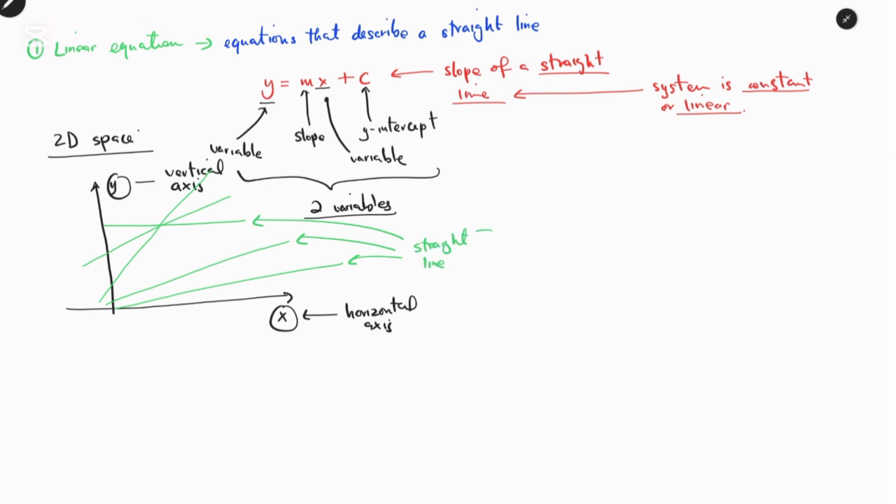And those straight lines represent the rate of change. And the change of rate depends on the variable x, which can be found on the horizontal axis. And when we want to solve the equation for the straight line, we use the linear equation.